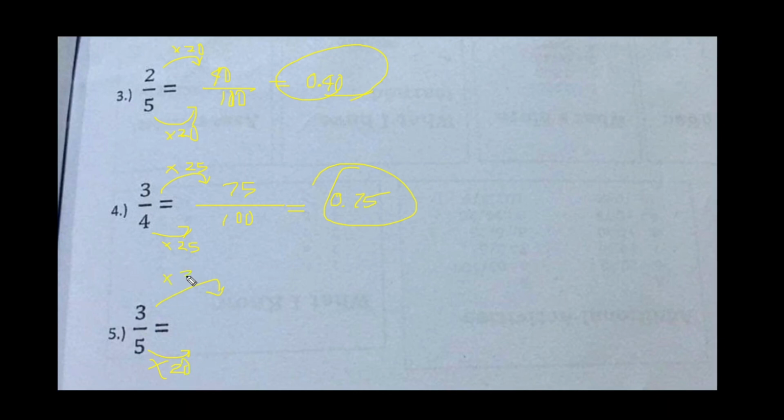This one multiply by 20 also, so this will become 60 over 100. So this is just equals to 0.60 hundredths.